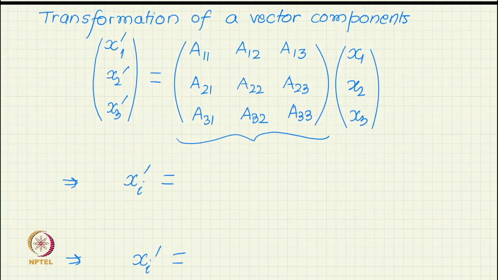If we write this in index notation, the same matrix equation can be written as x i prime equals the sum of a i j x j with j going from 1 to 3.